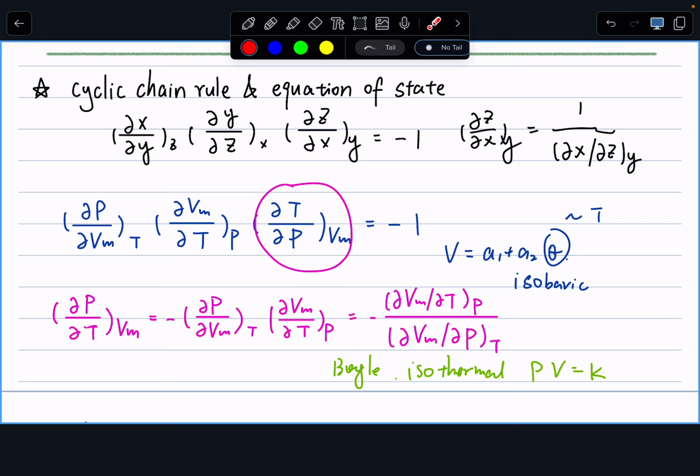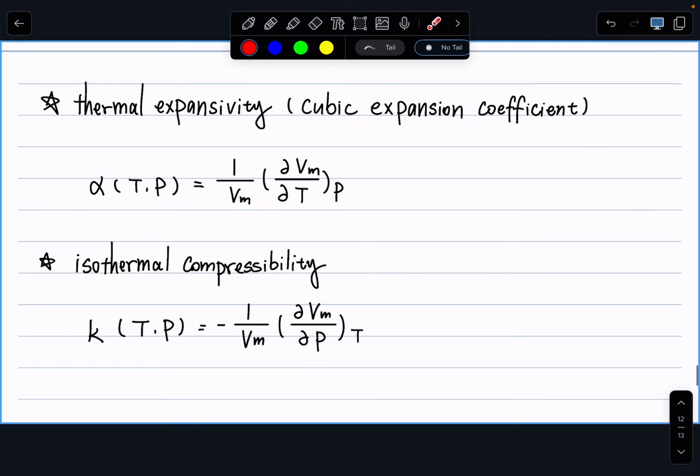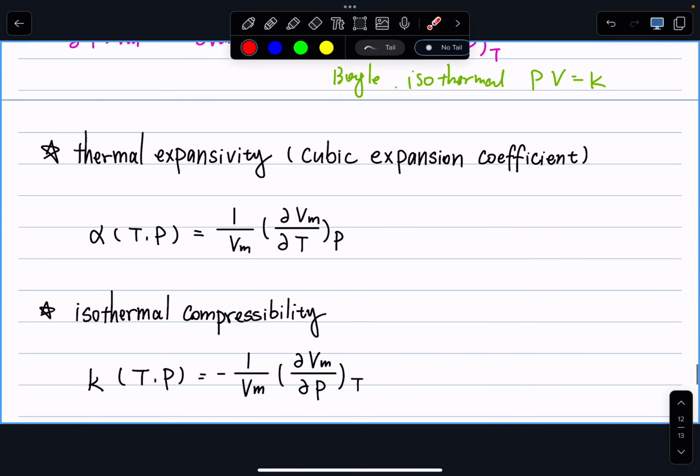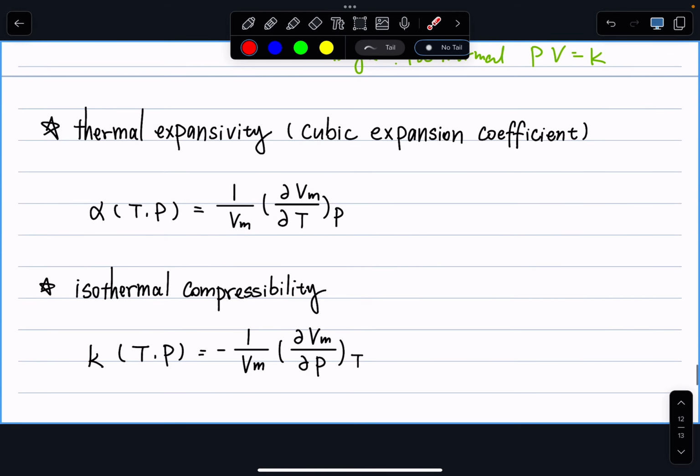So take it one more step. Scientists decide, okay, let's just call these two partial derivatives something to measure. They become a property, or a relationship, that we care about for any specific equation of state. Now we have the definition of the two terms.